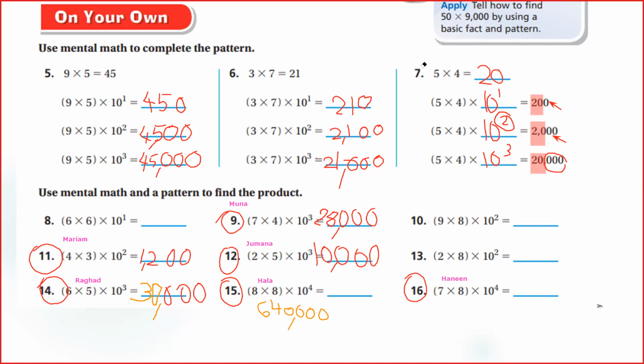Thank you. Now, Haneen, the last one. 10 to the power of 4. So how many zeros did you add? Bravo. Then count 1, 2, 3, 4. So the answer is 560,000.